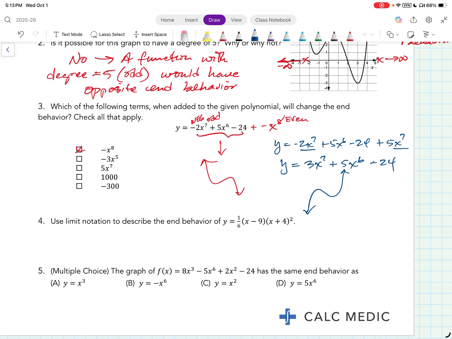So it would have opposite behavior, but it'd be going the other direction. So you can select that. And adding the constants, that doesn't change anything.